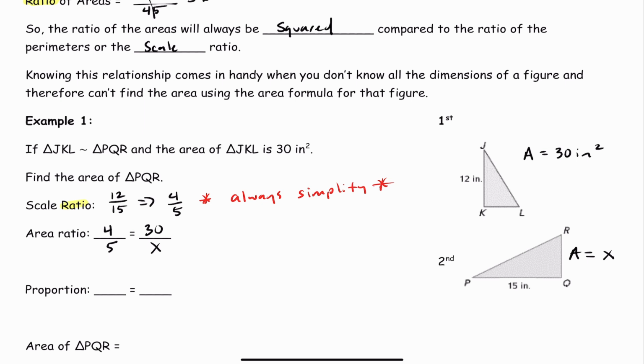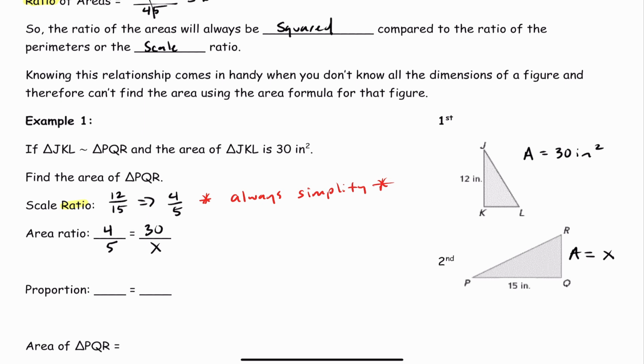Let me ask you something. Are these two ratios proportional to each other? Yes or no? Why do you think yes? Okay. So 4 over 5 and 30 over x, we have these two ratios. Are they proportional to each other? In other words, are they equal to each other? No. Okay?